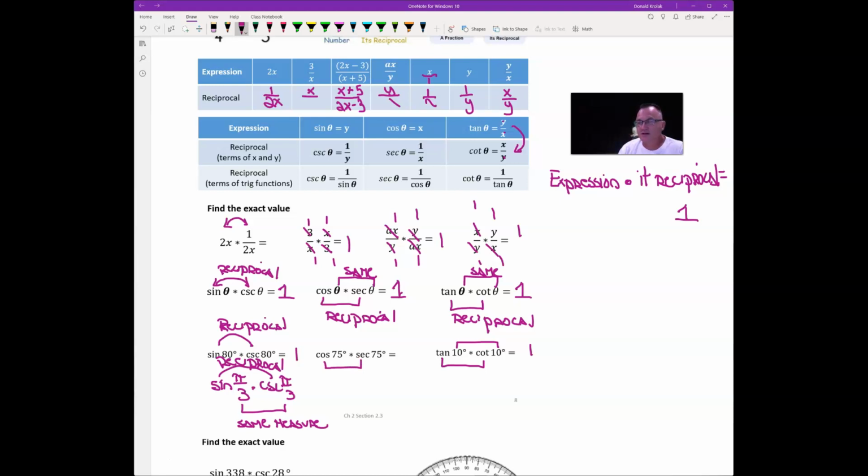Secant and cosine are reciprocals. Now that's got to be multiplication. If it's addition, that's something else. But if it's multiplication, when we take an expression times its reciprocal, that's when we get 1.